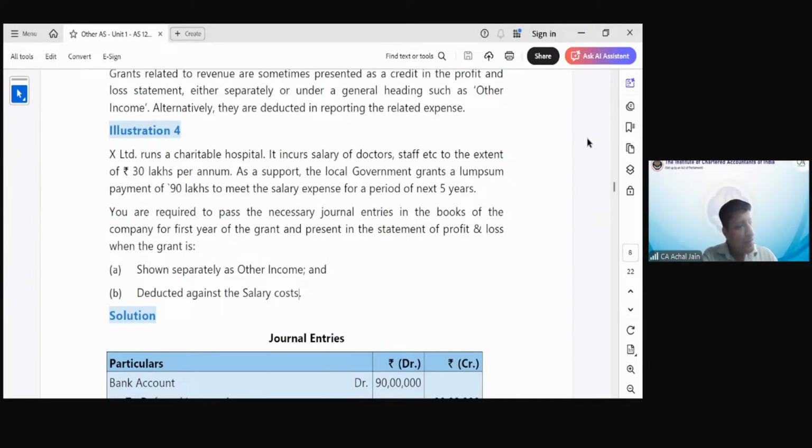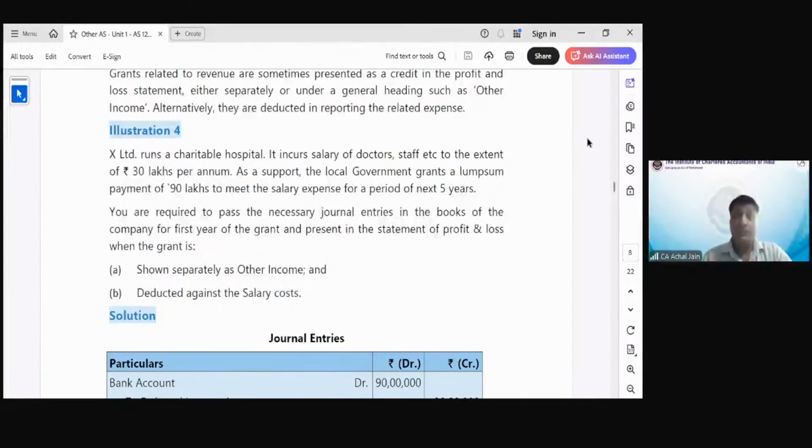Okay. So how do you compute this 12 lakh? Sir, we are receiving 18 lakhs as we are deferring it, so we will deduct 18 from 30. Yes, very good. So now instead of recording the salary cost as 30, what can the entity do? It can record it on net basis, 12.